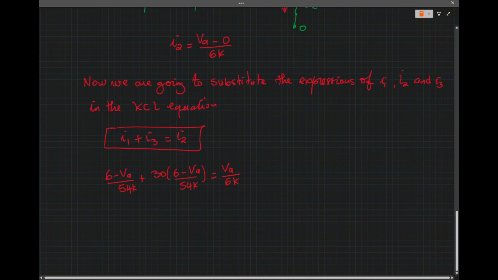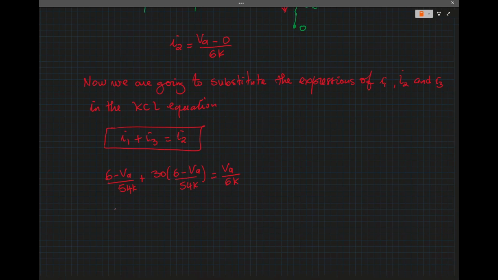Okay, so that gives me 6 over 54K, right? So I'm trying to solve for VA. VA is the variable, so VA is the unknown. So we need to solve for VA.